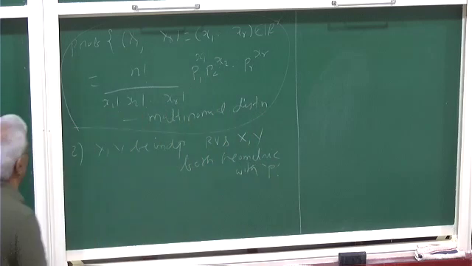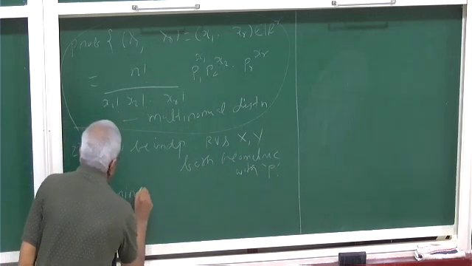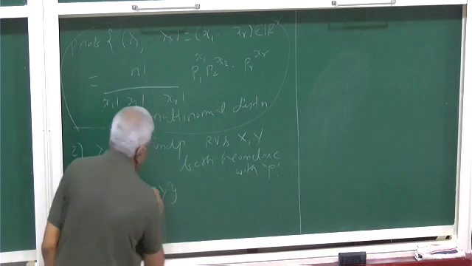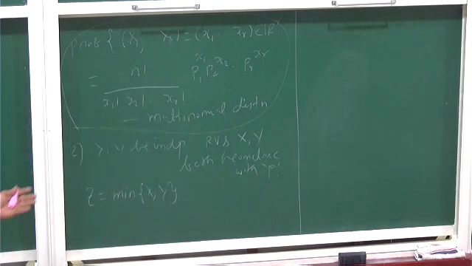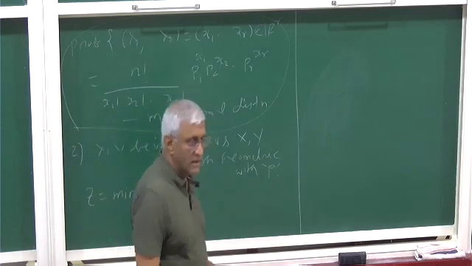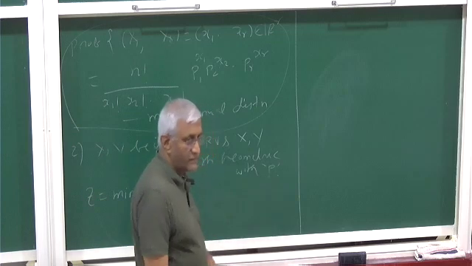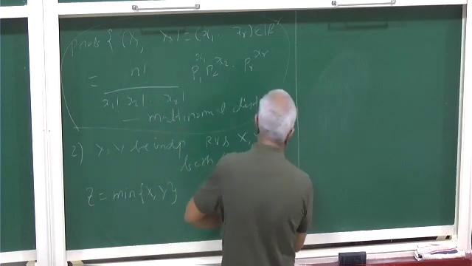Then define Z equal to the minimum of X and Y. This makes sense, since they are real valued, so you can take the minimum. That is another random variable, Z of omega, which is the minimum of X and Y. We want to show it is geometric with parameter p.